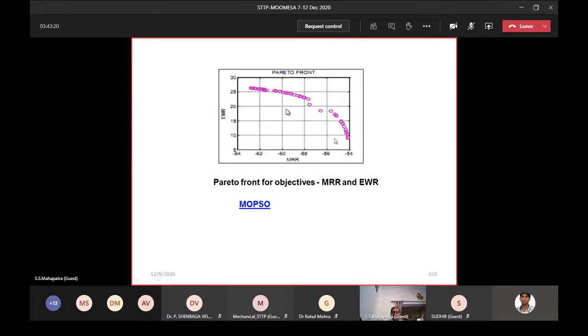So this is the Pareto set that we find, for the material removal rate and EWR. All the solutions are non-dominated and good solutions. This is one example given of how to get the Pareto set.